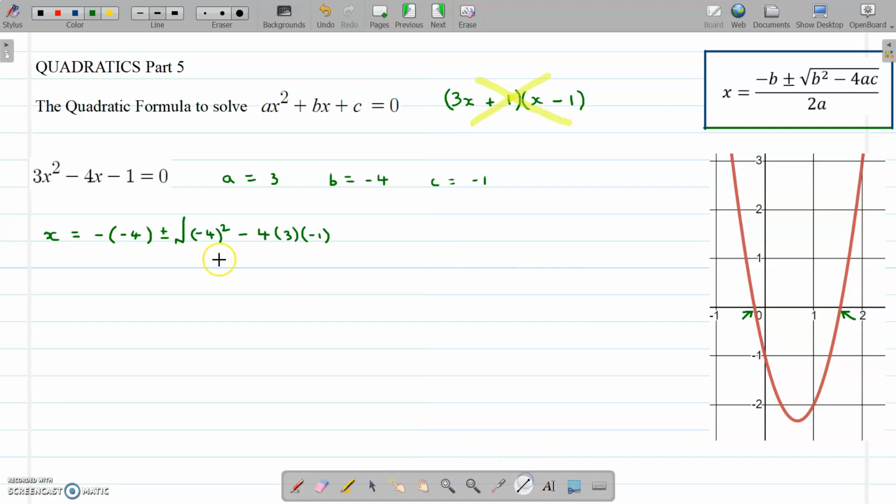And all of that has to be divided by 2a, which is 2 times 3.